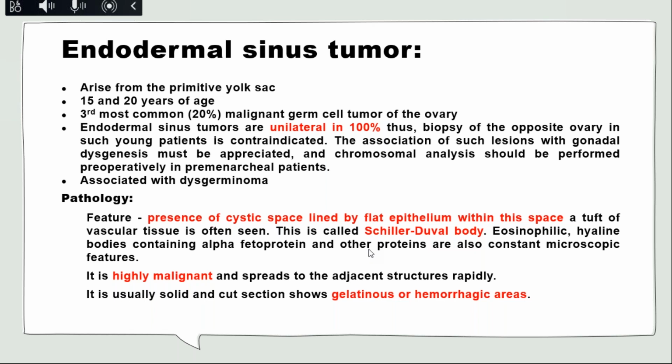So what is the diagnosis? You have to be sure about the finding of the Schiller-Duval body, and this is a very common question in the EMQ. These tumors are highly malignant and spread to adjacent structures rapidly. They are easily solid, and the cut section shows gelatinous or hemorrhagic areas.